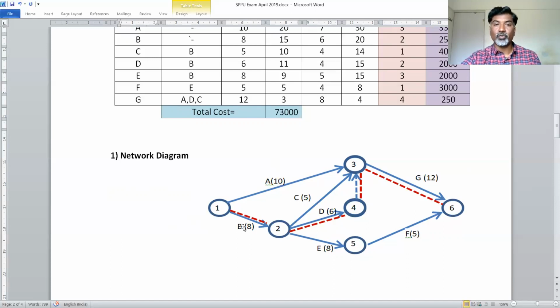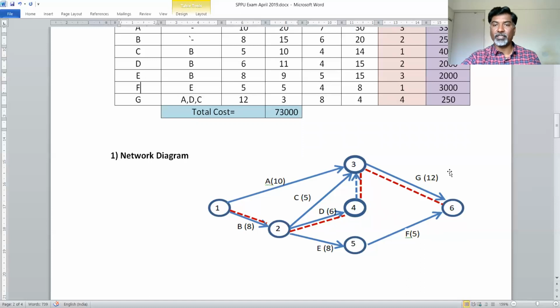The time associated with each activity is also given. So if you add the time required to reach from node 1 to node 6, you can identify the maximum time required. In this case, the maximum time required is 26. That is the time for activity B, 8 weeks, for activity D, 6 weeks, and for activity G, 12 weeks.